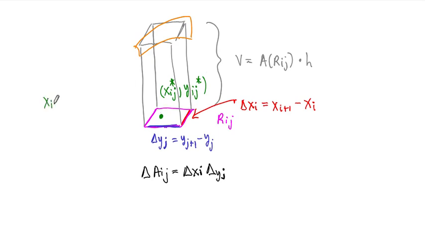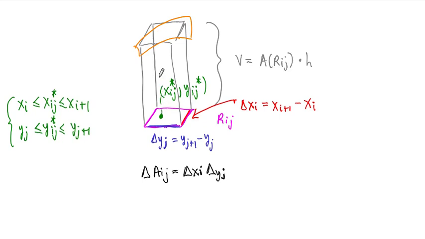The rule here is that xij star has to be between xi and xi plus 1, and yij star has to be between yj and yj plus 1. And it could equal either of the endpoints, that's fine. But we just want to make sure that this point is inside of this sub-box Rij.